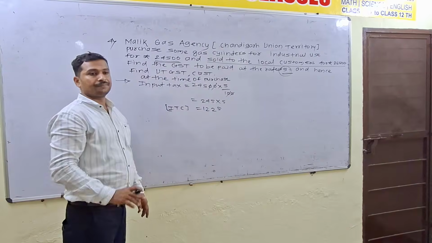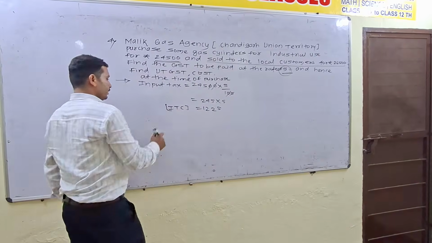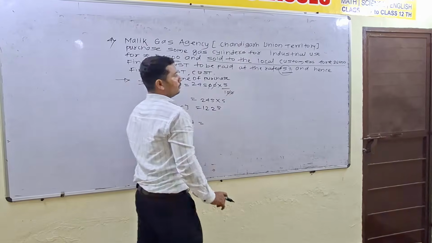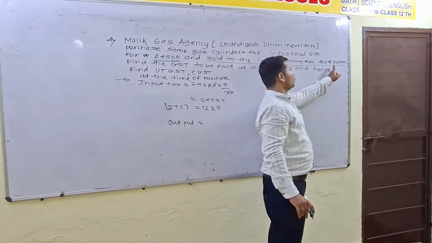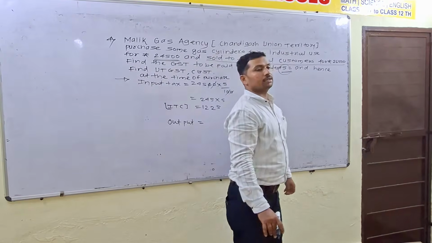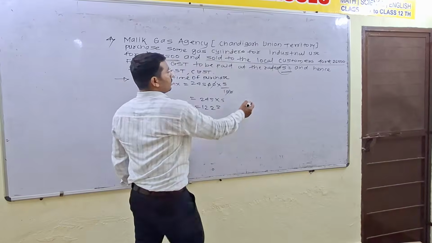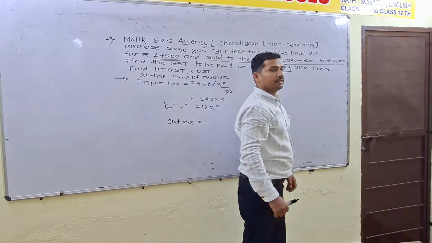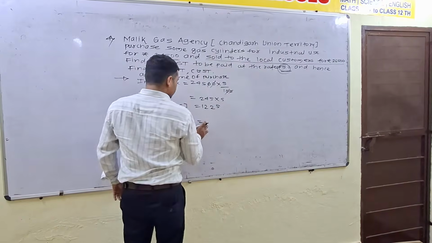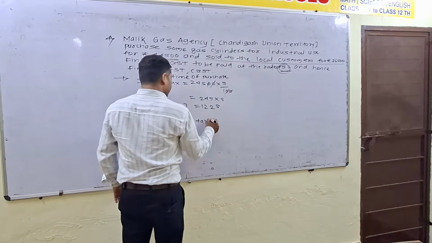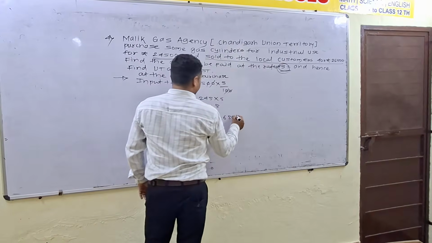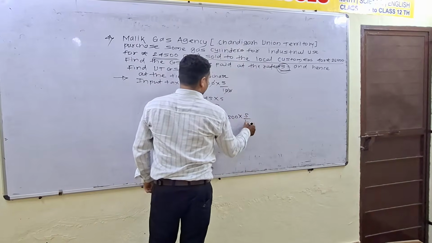Next one is output tax. What is the price of the cylinder? Sold to the local customer for 26,500. And the rate of GST is 5%. So output tax is 26,500 multiplied by 5 upon 100.